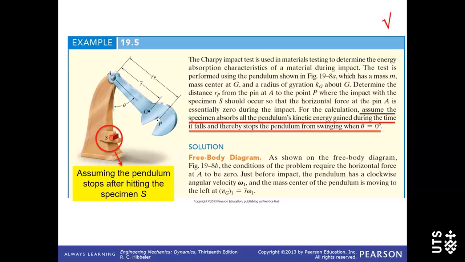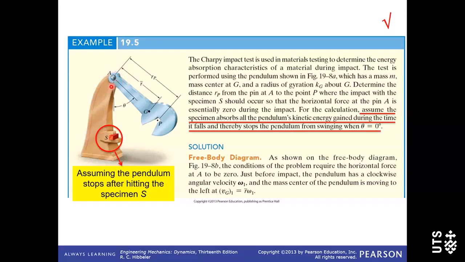Okay, this sounds easy, but actually it's not so easy. Why? Because when this pendulum hits the test specimen, impact may occur at the pin at this point A as well.